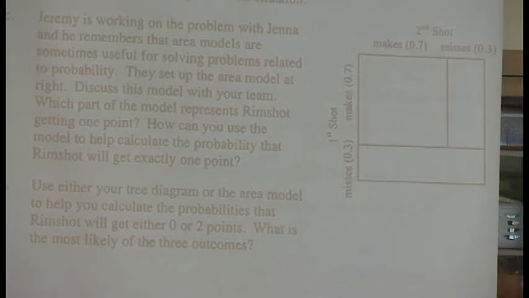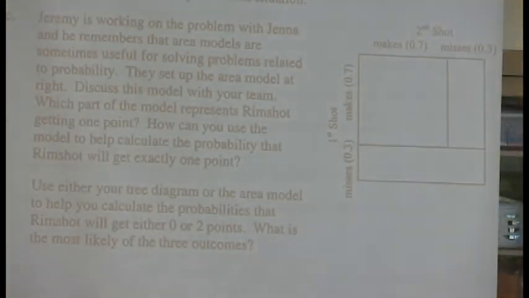49% for what? How many? 2 points? 1 point? 1 point. Not right. That's okay. It's not bad. You're the farthest along. Well, your diagram is good. Wait, hold on.